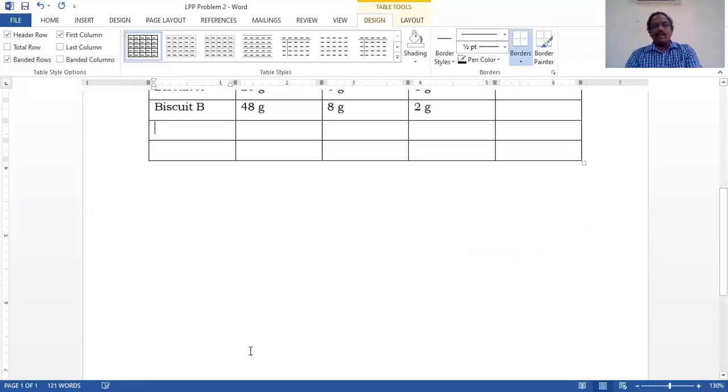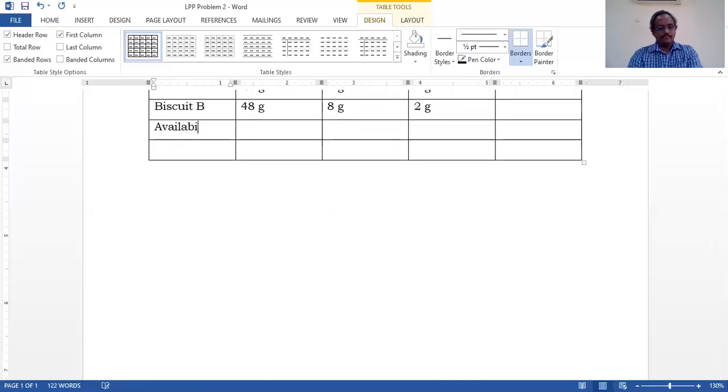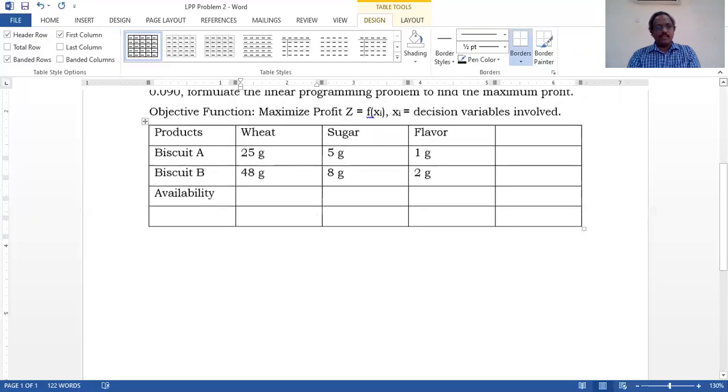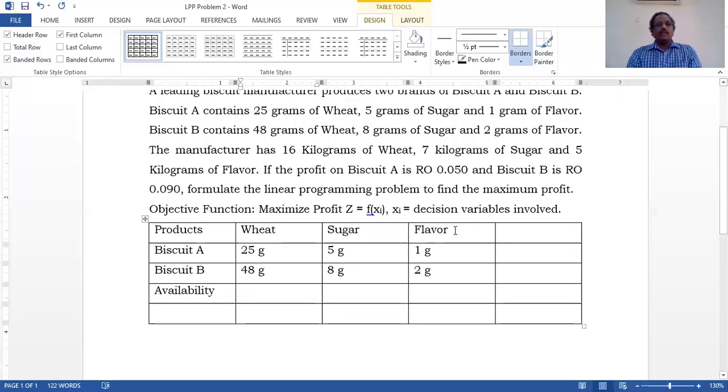The next one, the availability is given, so I'm going to take the availability. 16 kilograms of wheat is available.